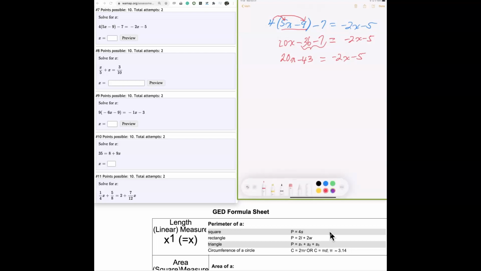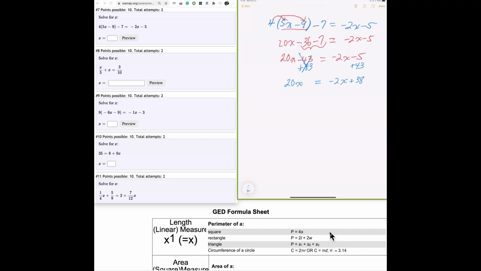Next step, we're going to change colors and move this 43, get rid of this. So we'll add 43 to both sides. That eliminates it from this side, and we're just left with 20x. And that's equal to negative 2x, and then 43 minus 5 is positive 38.